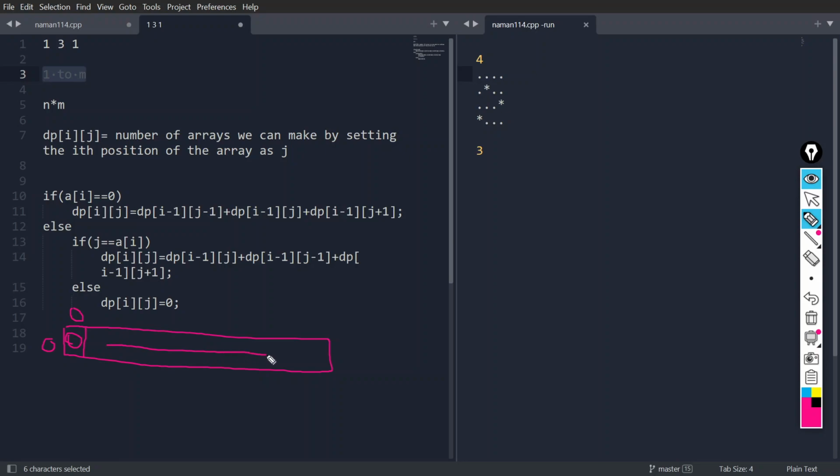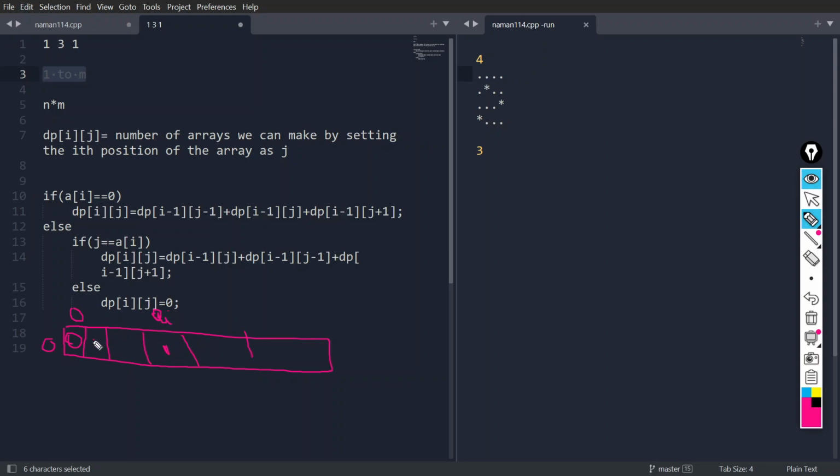For every other cell, consider our current element. If our first element is non-zero, then we know that all the elements of this matrix should be zero except the a[0] element, because there is an array for the a[0] element, right?